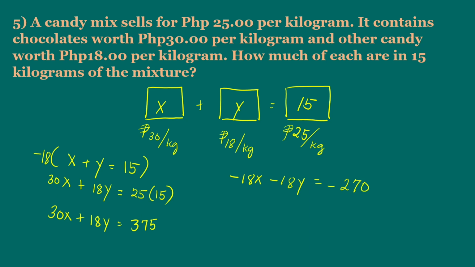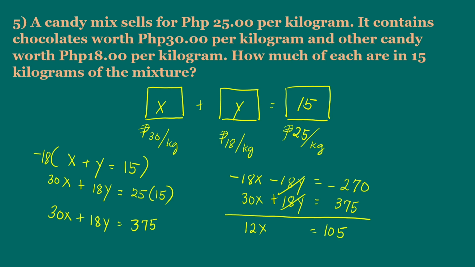And then let us rewrite the second equation, 30x plus 18y. Again, it's up to you what variable you want to eliminate, as long as in the final answer, you have answered the question in the problem. Now, eliminate y variable. Then 30x, negative 18x, so that is positive 12x. 375 minus 270, so that will give us 105.